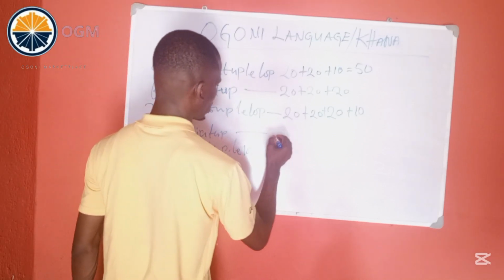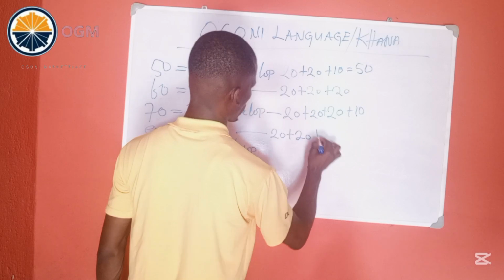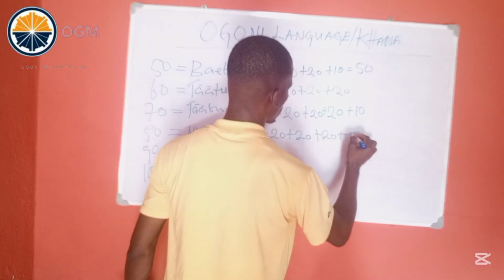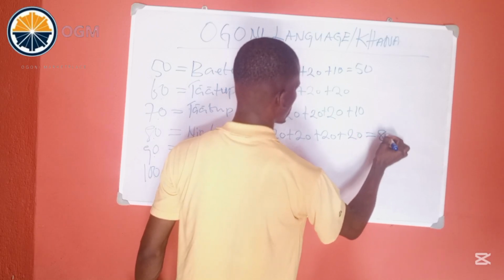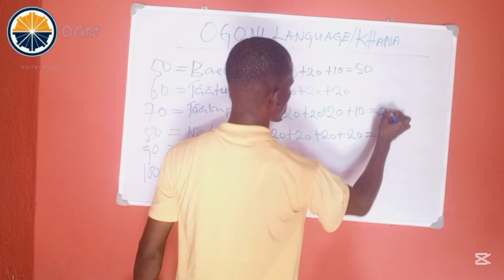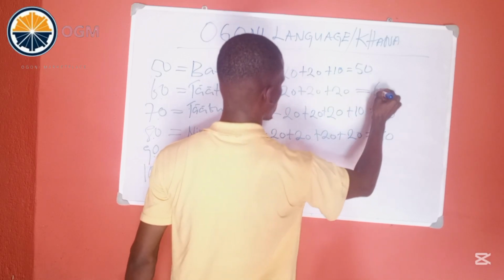So it will be 20 plus 20 plus 20 plus another 20, equal to 80.